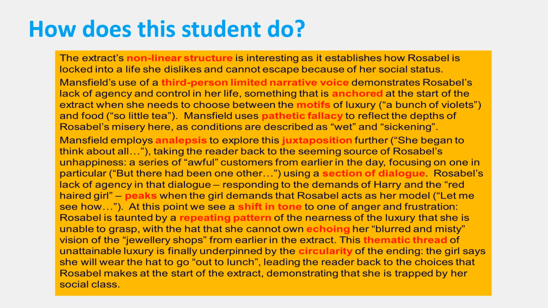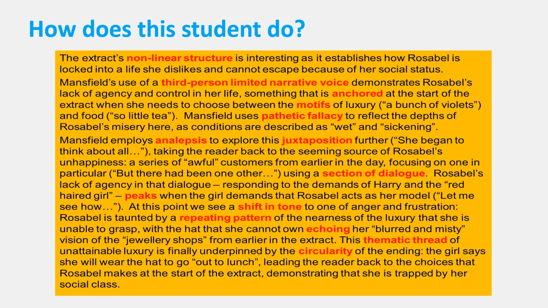Rosabelle is taunted by a repeating pattern of the nearness of the luxury that she is unable to grasp. This is a beautiful bit with the hat that she cannot own echoing. So something that happened before is being echoed, it's been repeated. Her blurred and misty vision of the jewellery shots from earlier in the extract. That's again showing that motif that works through the piece.